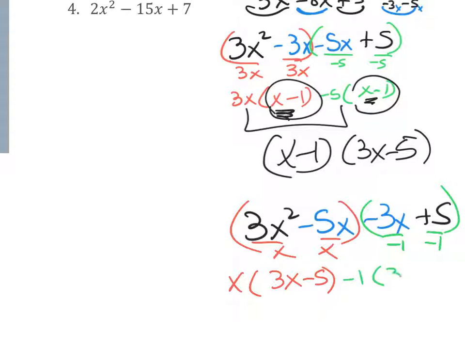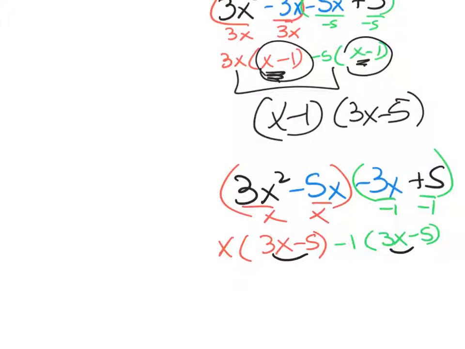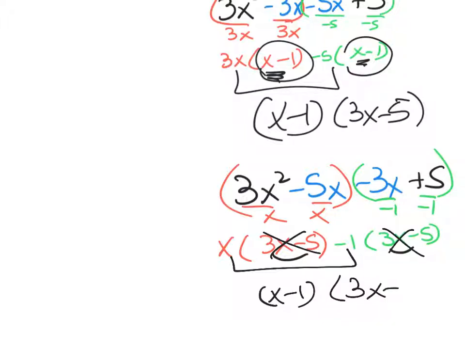And now that'll flip the sign on the 3x and on the 5, and now these two look the same. And then now I get x minus 1, these two together, and then these two are the same. And notice it's the same answer as when I did it the other way. So it doesn't matter the order you put those factors in there. You're going to get the same answer.